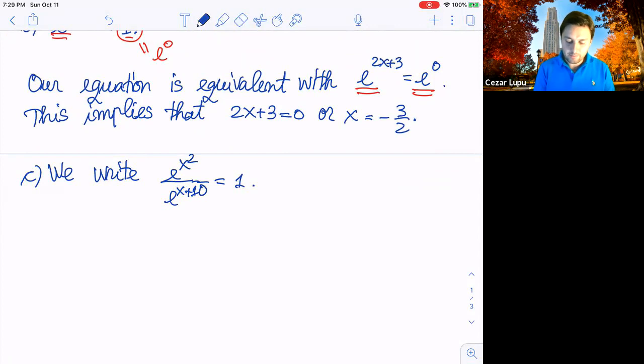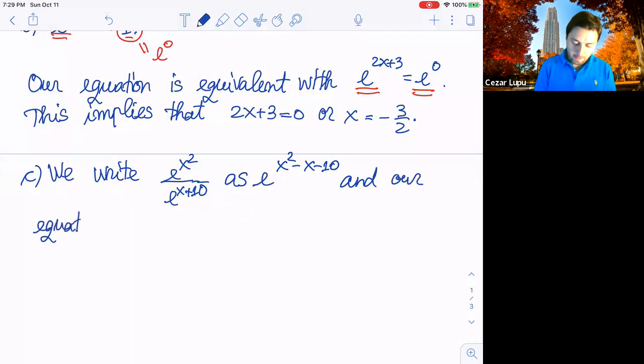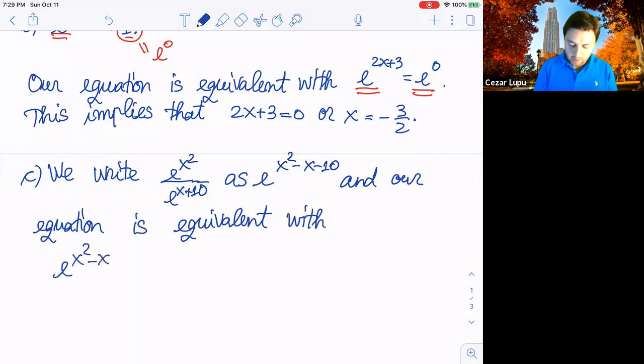You can, of course, write this as e to the power x squared minus x minus 10, and our equation is equivalent with, so keep in mind that e to the power x squared minus x minus 10 is the same as 1, which is e to the power 0, or x squared minus x minus 10 is 0.